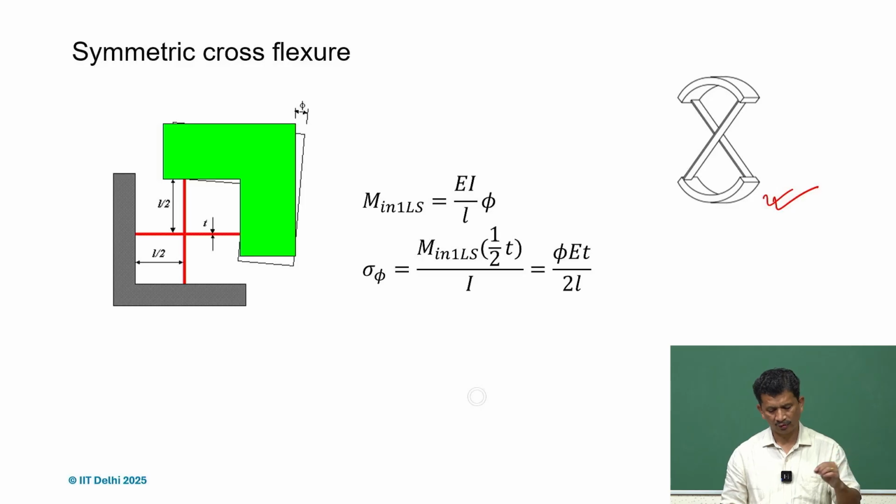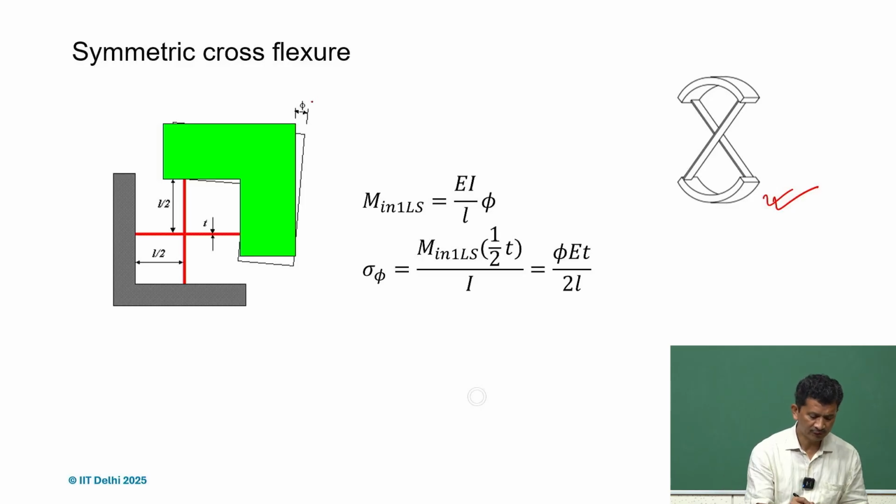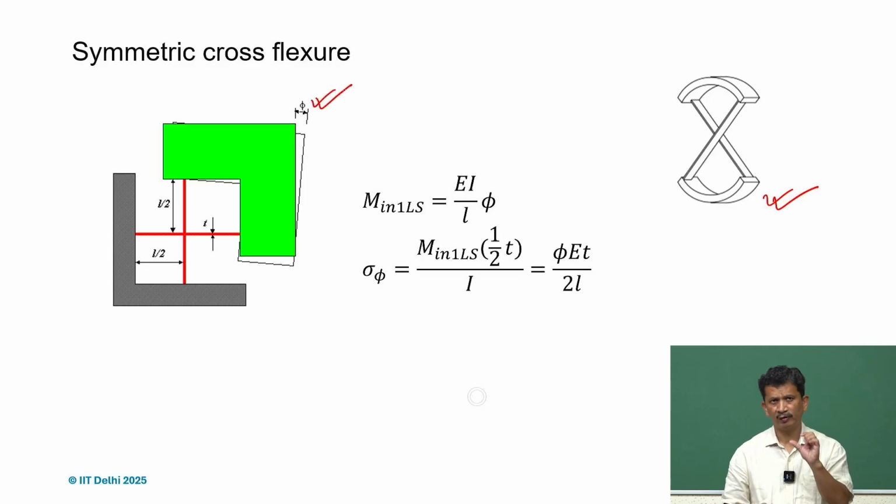Therefore it's very important to understand that we are looking for very small deflections phi. So if we want to calculate the stiffnesses and the stresses, first consider just one leaf spring.